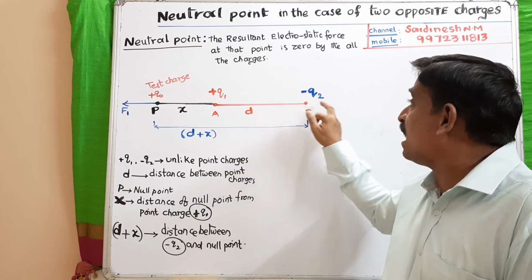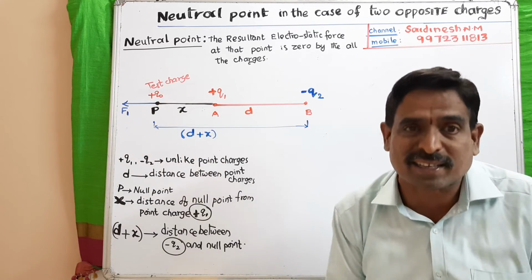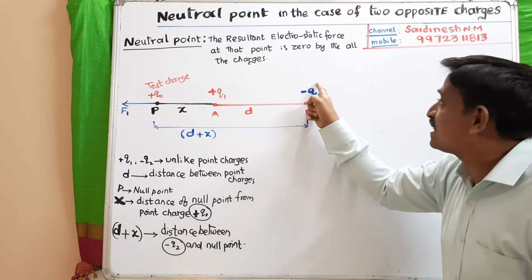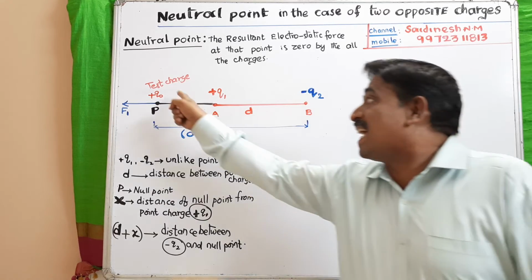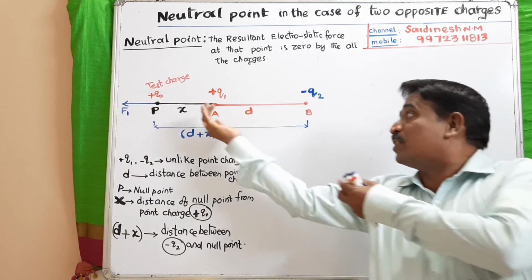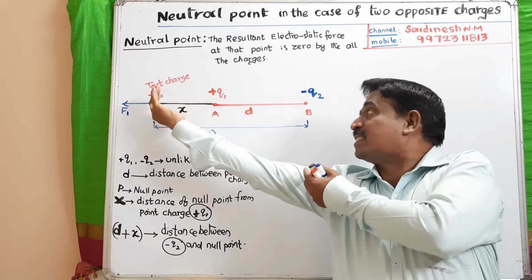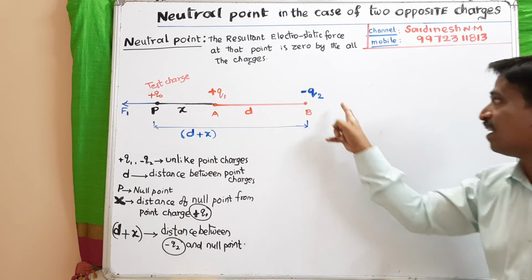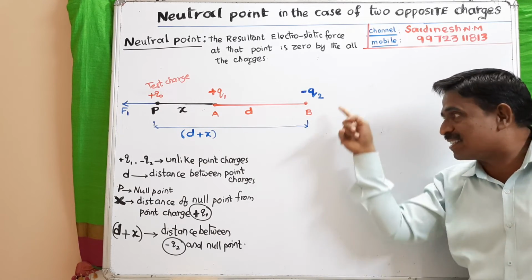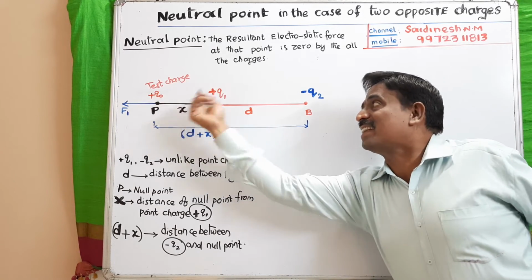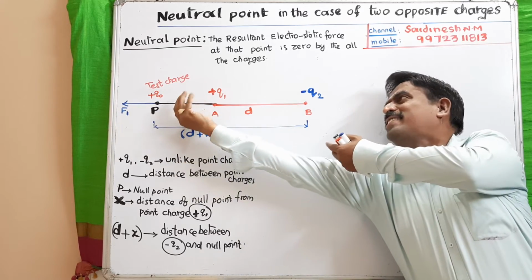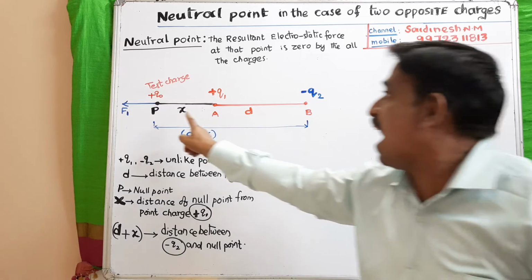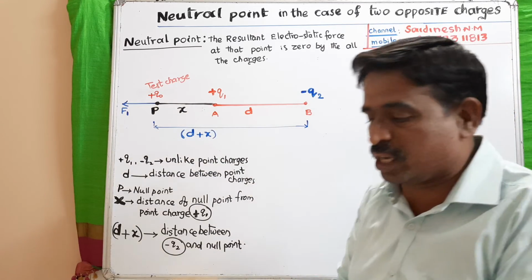In between the two unlike charges, there exists an attractive force. This negative charge is attracting the positive test charge with some electrostatic force of attraction along the PB direction.